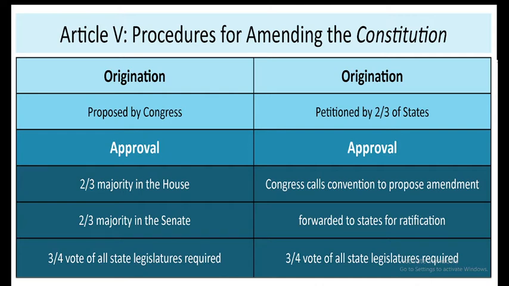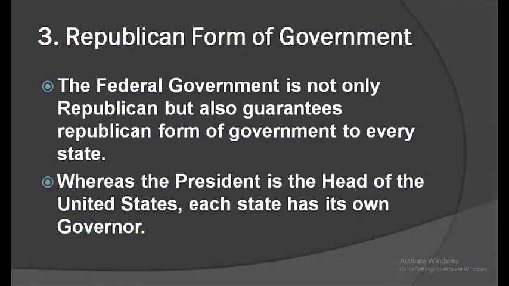So in this case, it should no longer be 2/3, but it should be 3/4, as in the other method. So this simply shows that it is very, very difficult to amend the Constitution. In fact, since 1789, the Constitution of the United States has been amended successfully only 27 times.